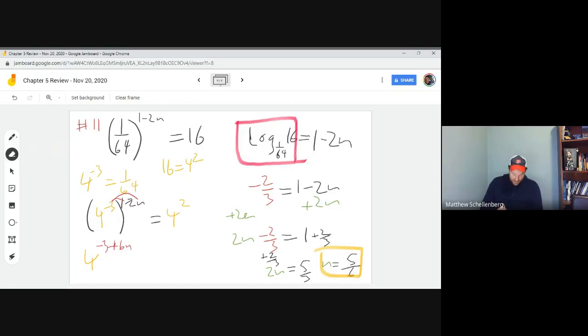Let me try to clean this up a little bit. And this is supposed to equal 4 squared. Well, the beautiful thing about this now is that means that minus 3 plus 6n equals 2. Because the bases are both the same, and it's an equation that's equal to each other. Let me get some separation here.